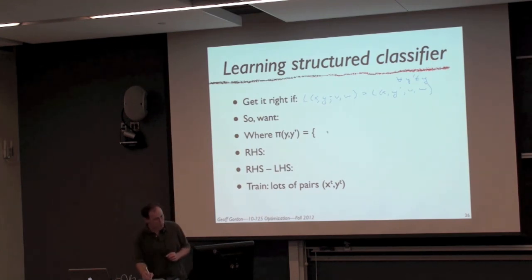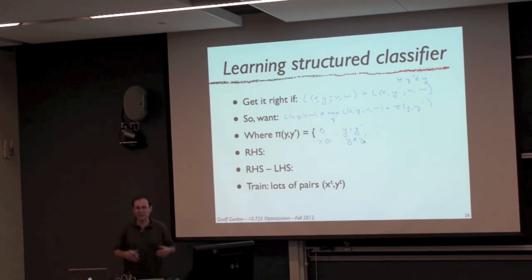And so what we want is something like this. L of X, Y, V, W is greater than or equal to the max over Y prime of L of X, Y prime, V, W, plus pi of Y comma Y prime, where pi of Y, Y prime is going to be 0 if y is equal to y prime, and it will be greater than 0 if y is not equal to y prime.